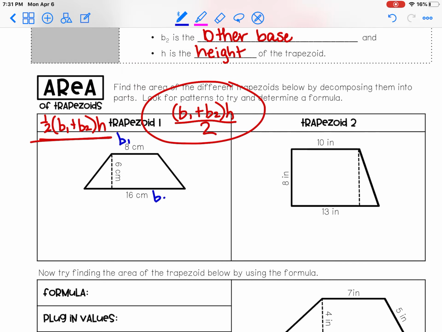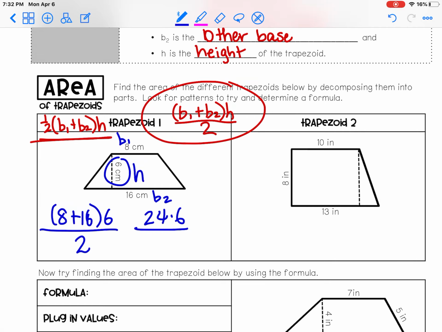So all we have to do now is figure out which one's B1, we'll call this one B1, and which one's B2. So the two parallel sides are the bases, and then of course this will be the height. And we plug that into the formula. B1 is 8, B2 is 16, the height is 6, all that divided by 2. We'll do what's on top first. We'll add 8 plus 16, which is 24.